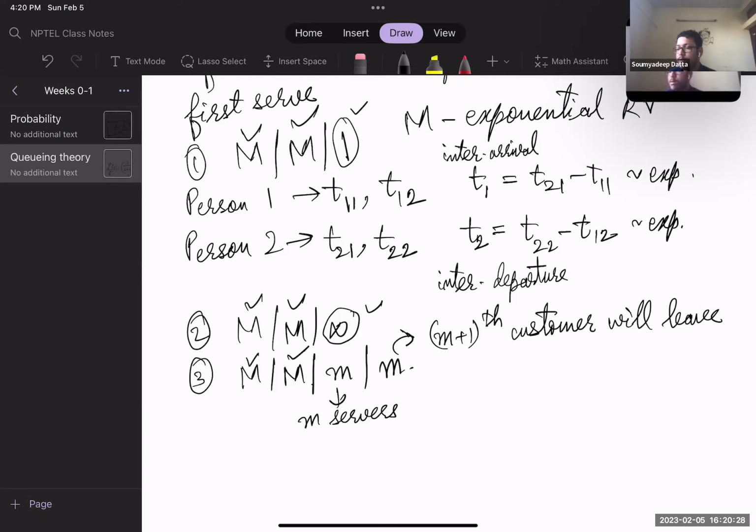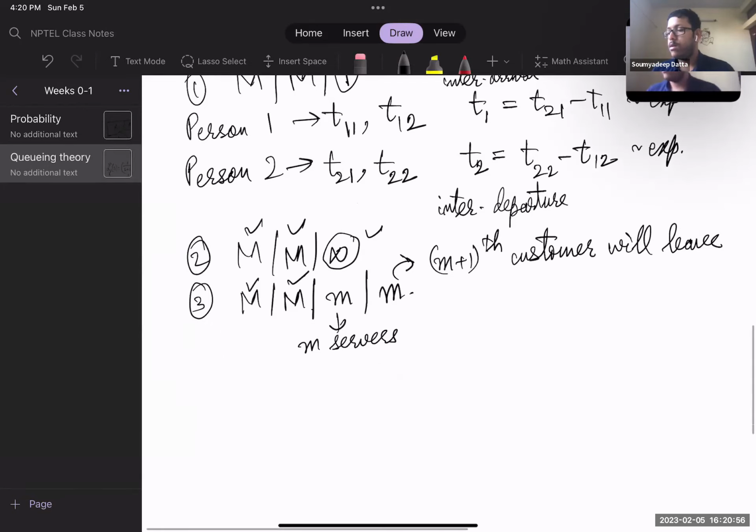It's not realistic for the mall scenario, but it is sometimes really realistic for networks, right? You might have a router with a limited buffer capacity. So there is a capacity limit and you cannot accommodate packets beyond that limit, because you will be exceeding the buffer memory and things like that. So this is another model.